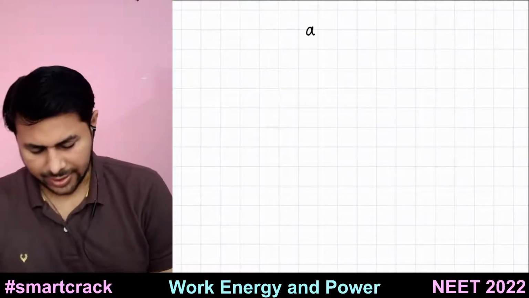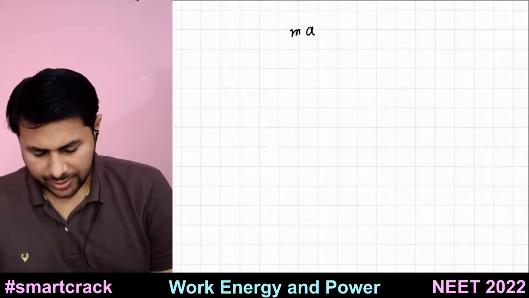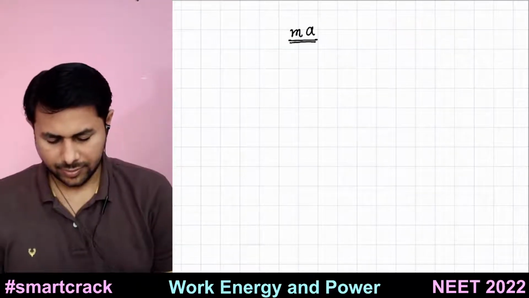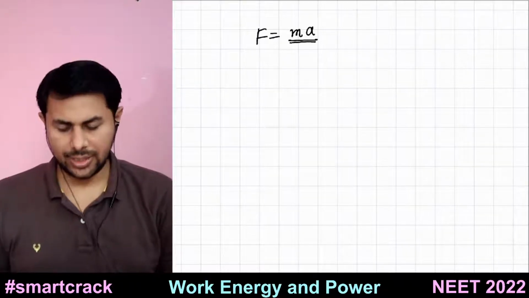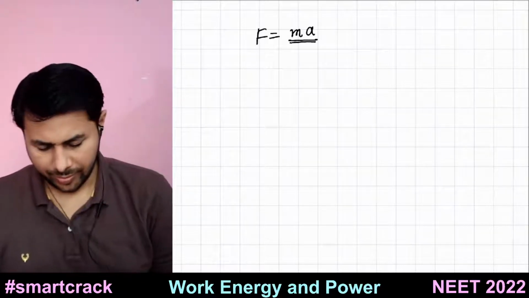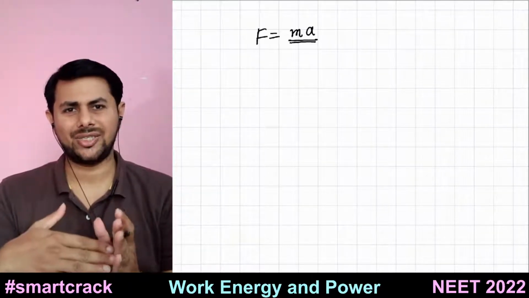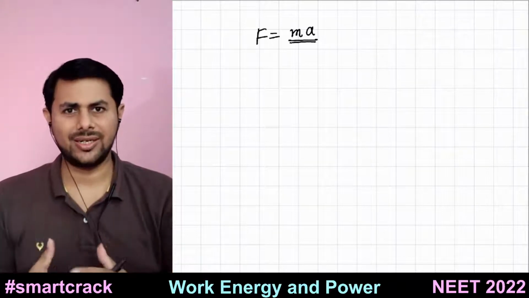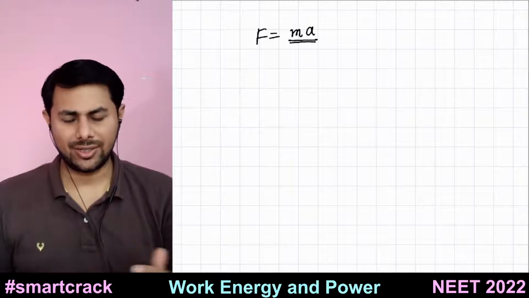A is the constant acceleration. Okay. There will be some mass m. So force is equal to that mass into acceleration. And what is displacement? It is change in position. It's the distance by which it moves, because acceleration is always tangential, right? So, and velocity or the movement is also tangential.